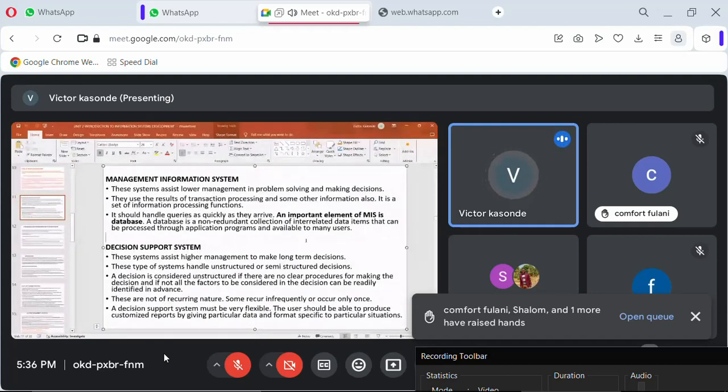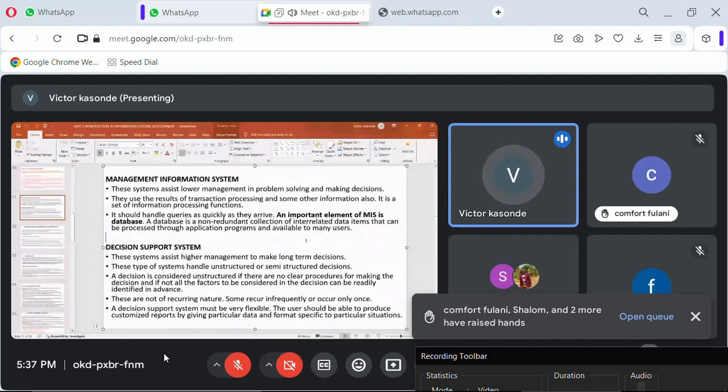There is a transaction level on the lower side. Those people whom you interact with are on the transaction side. And then there is the management information system, the same, meaning they can query that particular system, access all the information, and make decisions based on it.